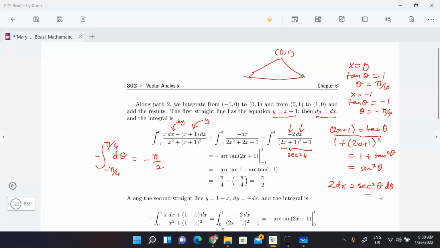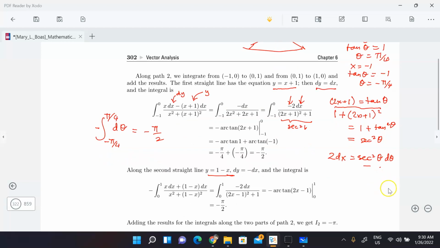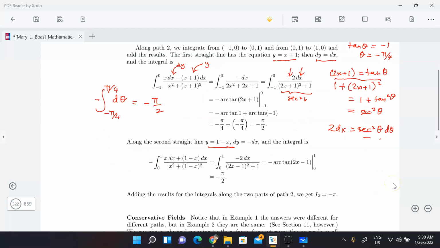Okay, so the next one will be the other part, which is given by this equation with a negative slope, y equals 1 minus x, and dy equals minus dx. Again, the same trick. You get the same kind of form in the denominator.